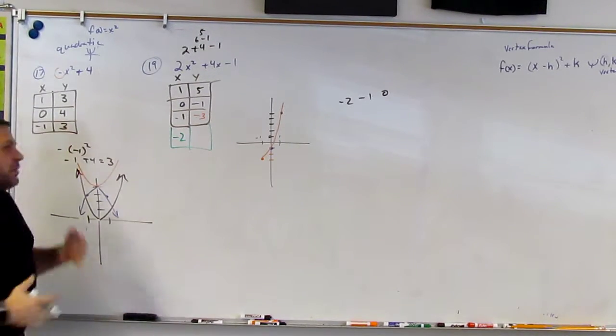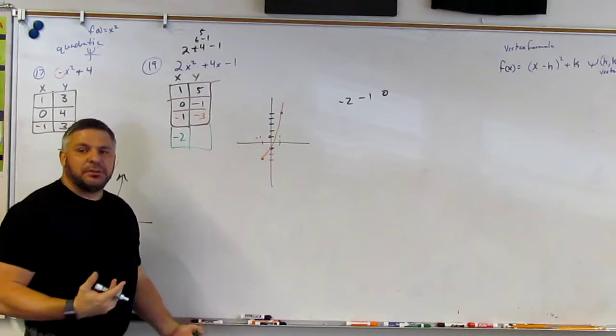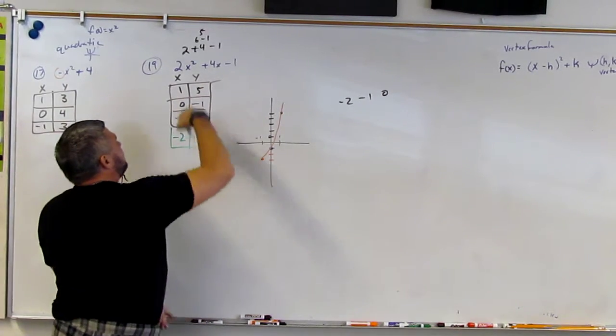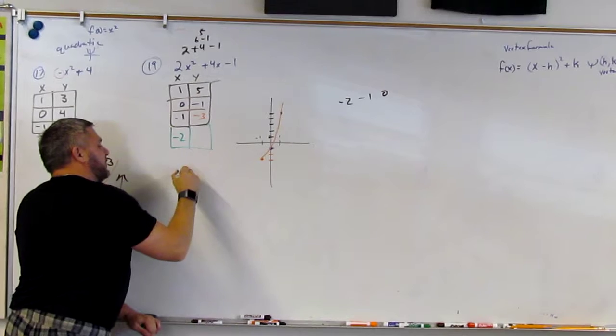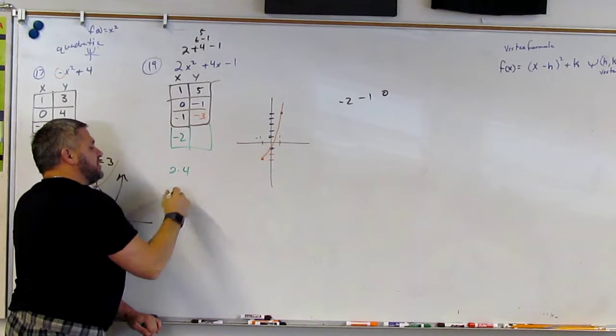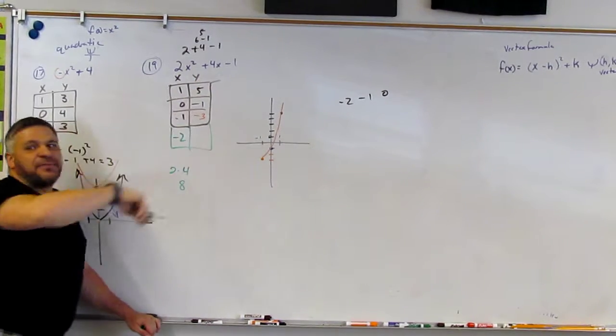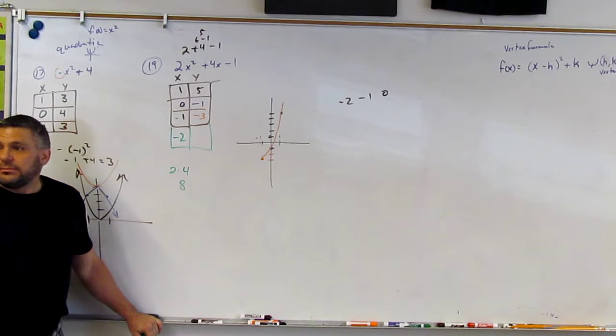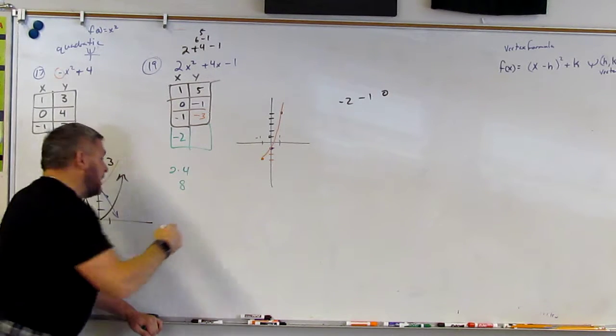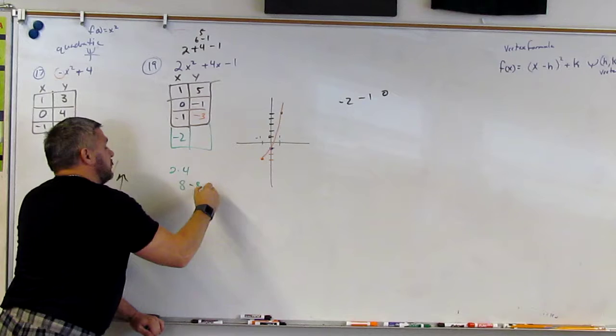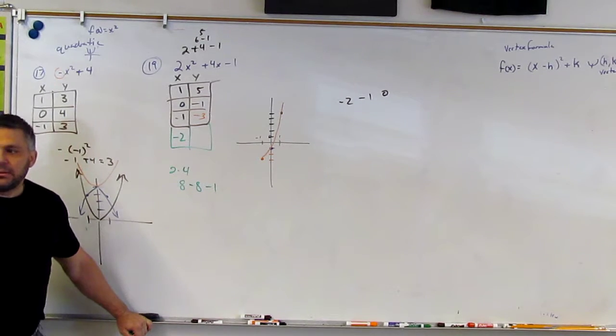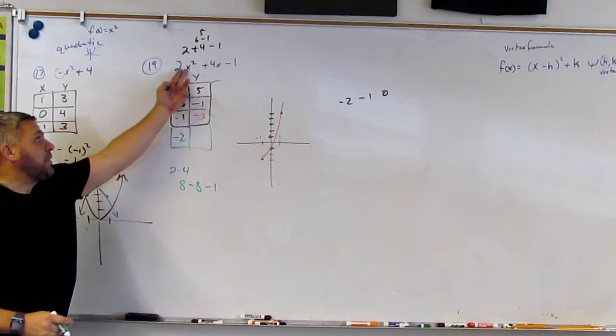Okay? And so when I plug in negative 2, what happens? Well, negative 2 squared is 4. Times 2 is 8. Negative 2 times 4 is negative 8. Why did you add the negative 2? I'm plugging it in here.